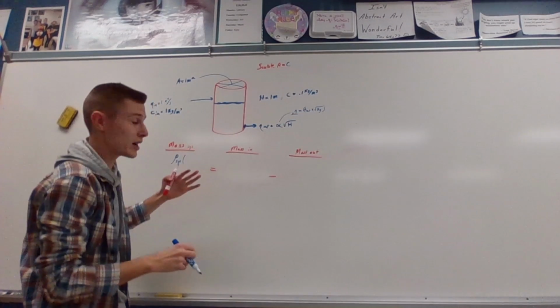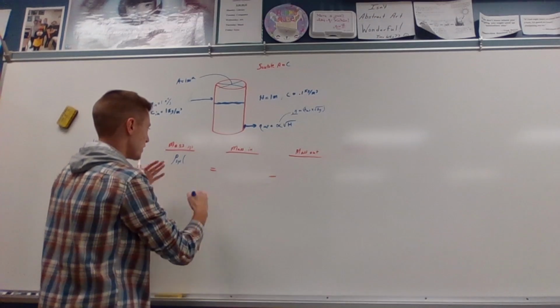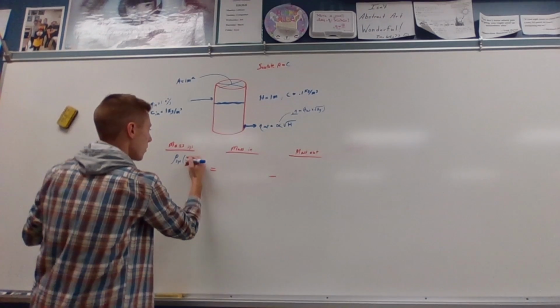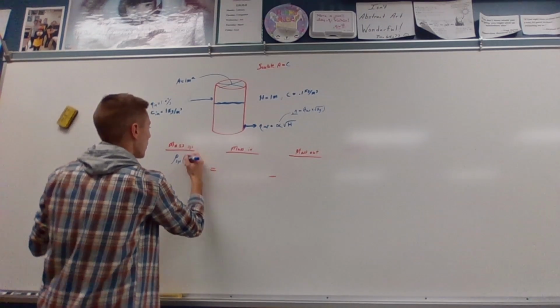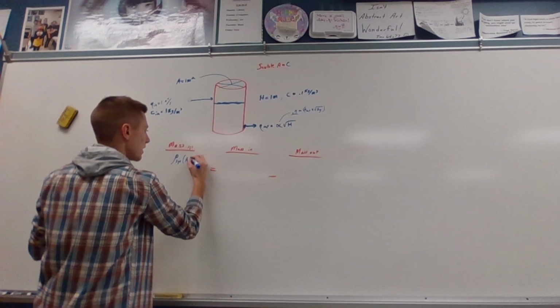We're going to leave it in terms of variables, for simplicity in the derivation here. So our volume is equal to the cross-sectional area times our height.